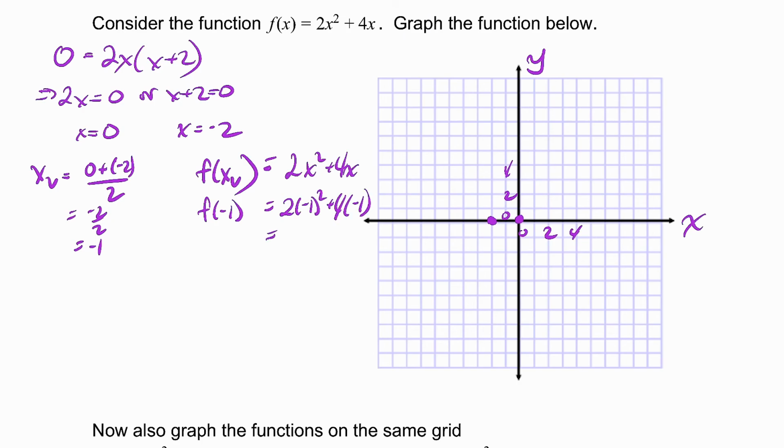And here we get 2 times 1 minus 4, which is negative 2. So therefore, the vertex is at negative 1, negative 2. And there we could draw a parabola. So we just really need 3 points. We need our vertex and then the points on either side of the parabola, and it would look something like that.